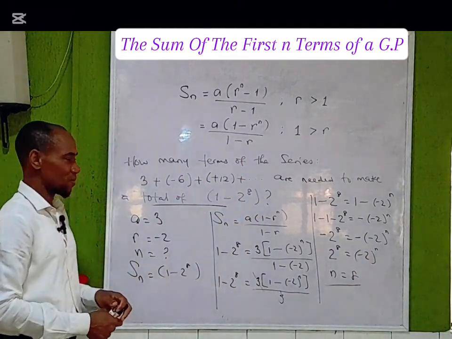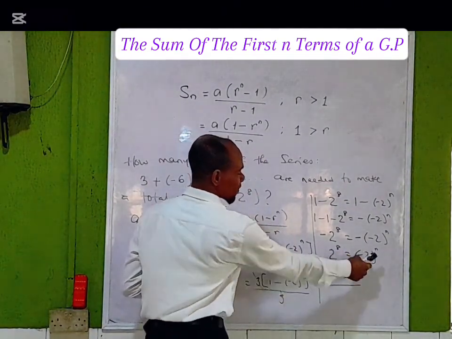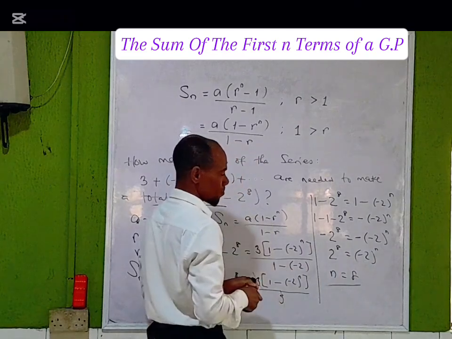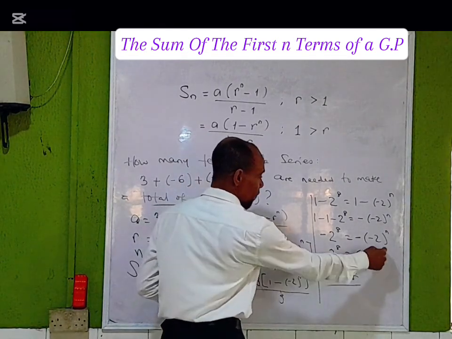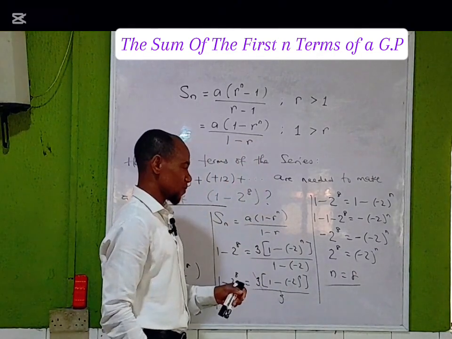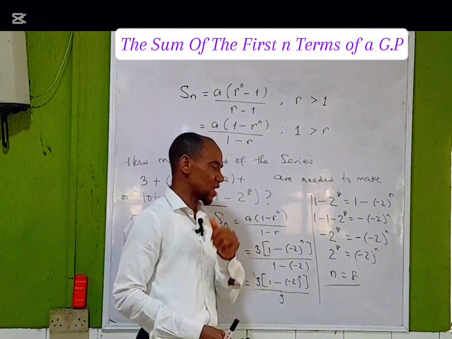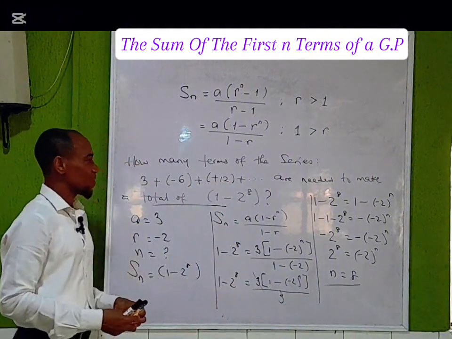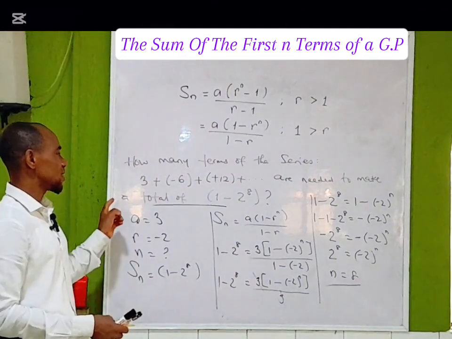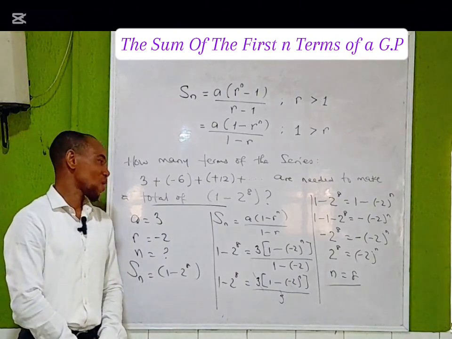Otherwise, it's not going to be. But basically, we are not meant to compare minus 2 power n with 2, because that's not the same base. Because of that proviso, for us to have a positive answer with an index of a negative value, that index must necessarily be an even number. And with that, we can safely say that there are 8 terms of this sequence that will be added to give us a total of 1 minus 2 power 8.